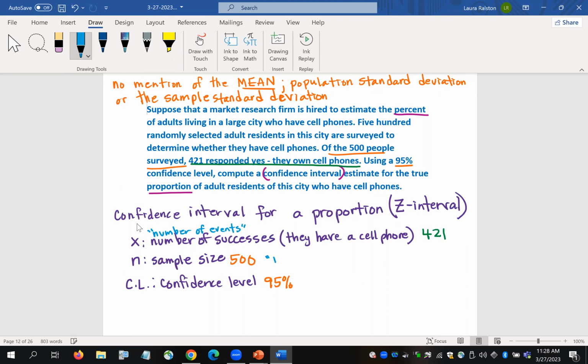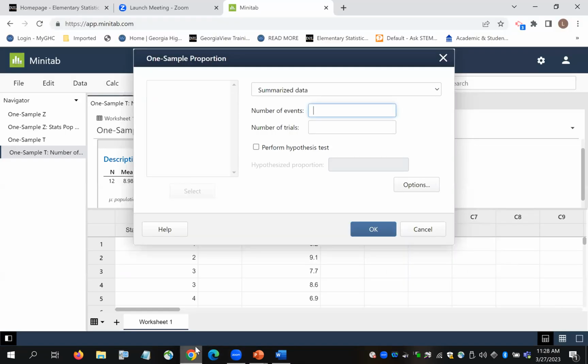N, Minitab calls the number of trials. So you don't get confused by the language. The number of events: I had 421 people say yes, I have a cell phone, out of 500.